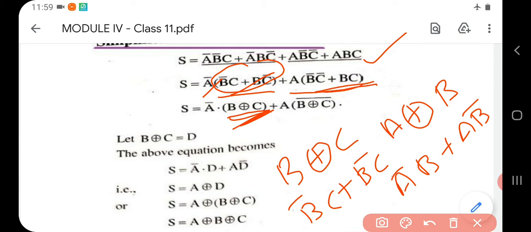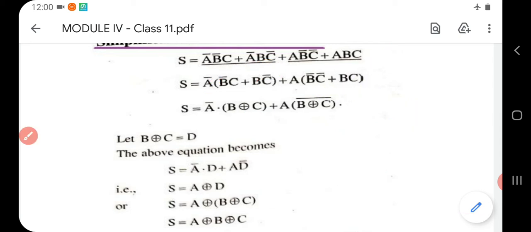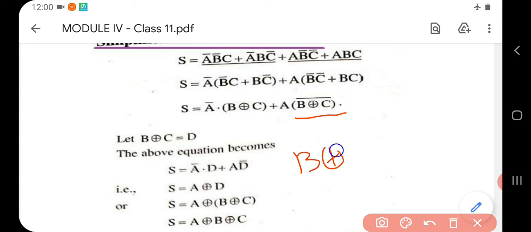Here, however, the second term is not simply B exclusive OR C, it is B exclusive OR C the whole bar. How? This is because B exclusive OR C, we know, is B bar C plus B C bar. What will be B exclusive OR C the whole bar?